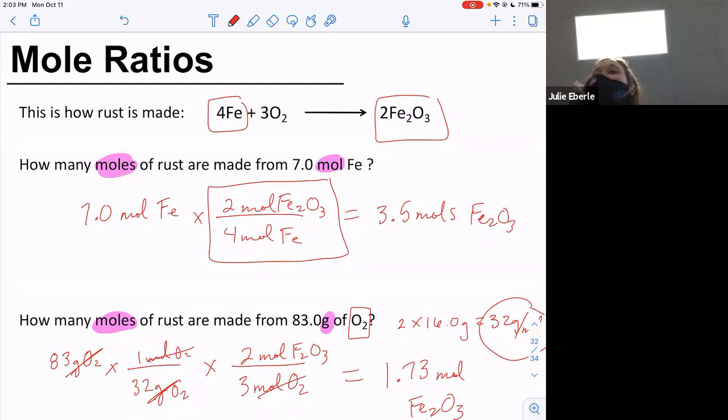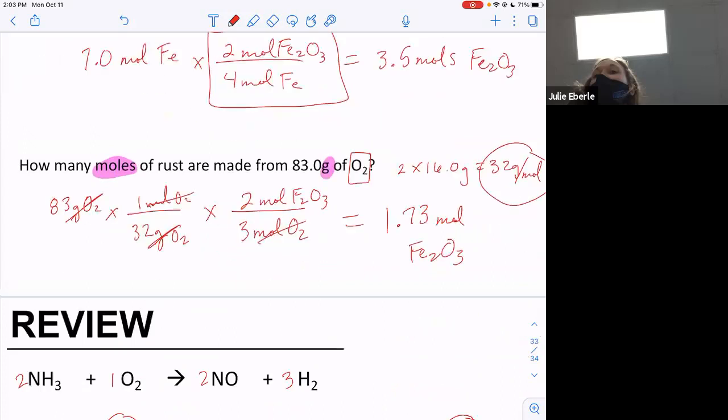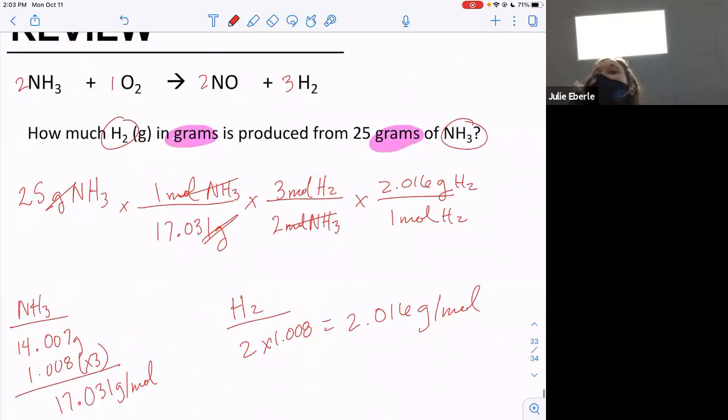That's the simplest kind. Next problem down, what we just worked. If it gives you grams of one thing and asks for grams or milligrams or kilograms, if it's a mass to mass conversion, the mass of one substance and you want the mass of another substance, whether that is the reactant or the product, doesn't matter. You will have to use a mole ratio.